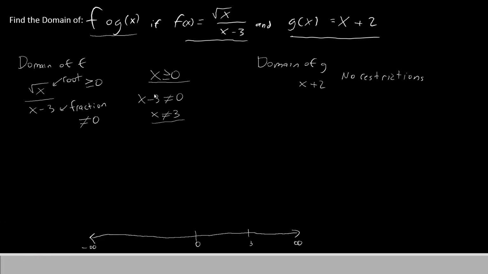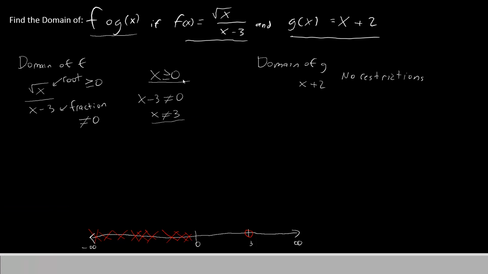Now we'll have to say that everything greater than or equal to 0 is okay, so everything less than 0 is automatically excluded from the domain. There we are. Also, x cannot equal 3, so we'll put an open circle at 3. Now this is only going to be part of the answer.